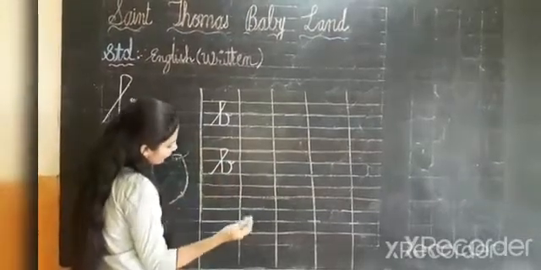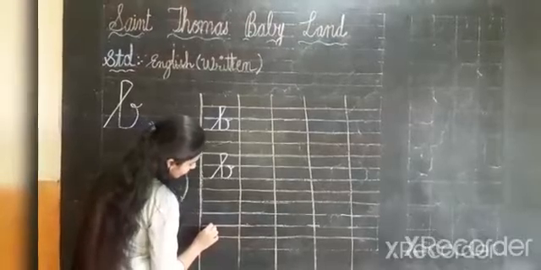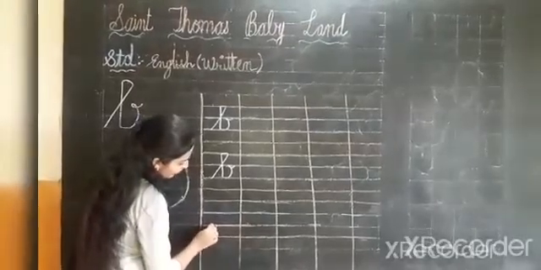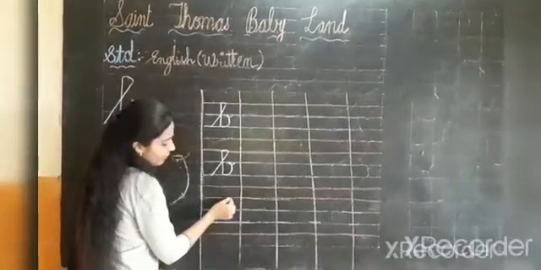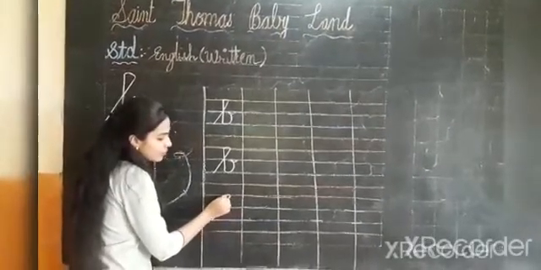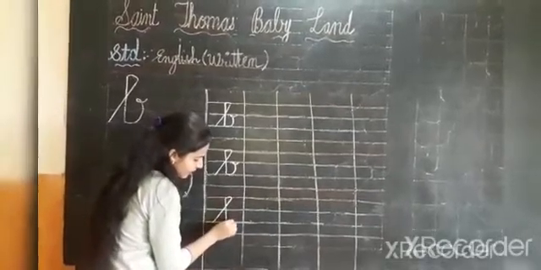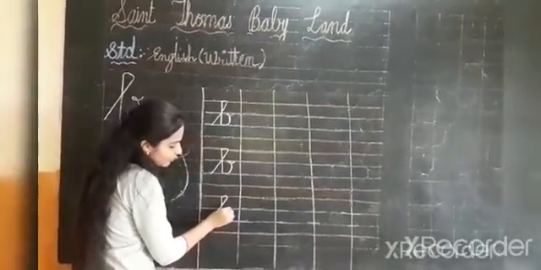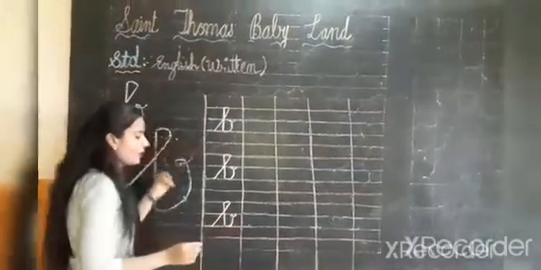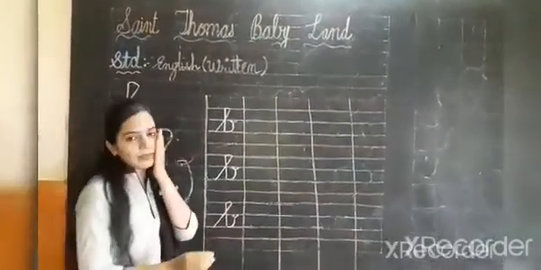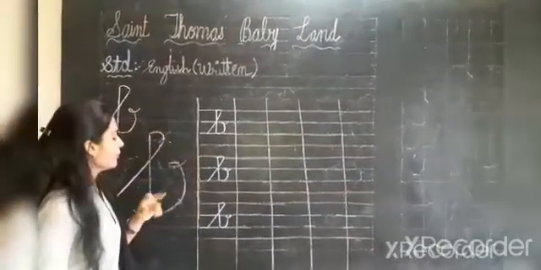From here you have to start and go up to the red line. Okay. Then do a small curve. Then a straight line. Then a D curve up to the blue line. And then again do a small curve. Okay. Understood? This is our cursive, small cursive B.